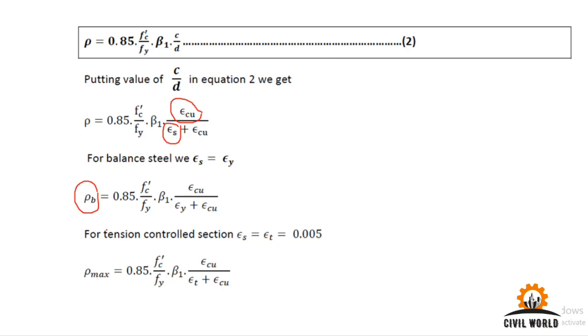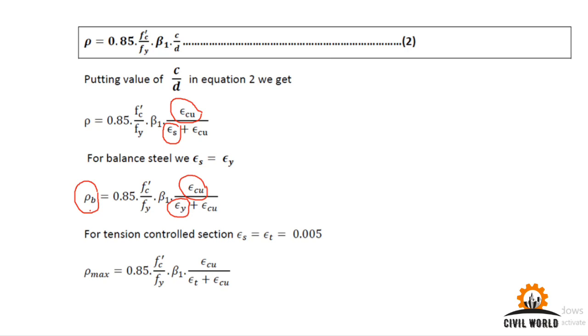Balanced reinforcement ratio is the reinforcement ratio at which concrete in compression fails, and at the same instant steel in tension also fails. So you have the ultimate strain in concrete, and at the same point the ultimate strain in steel in tension has already been reached. So this is called balanced failure.